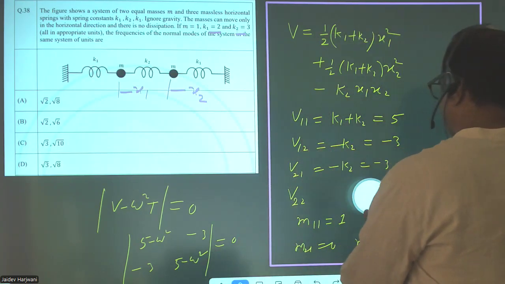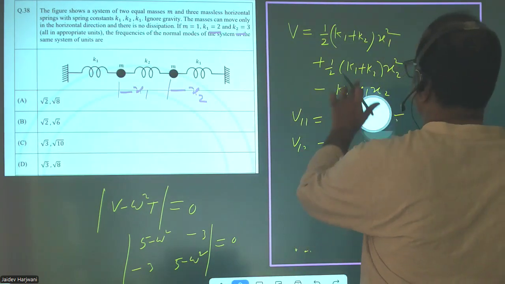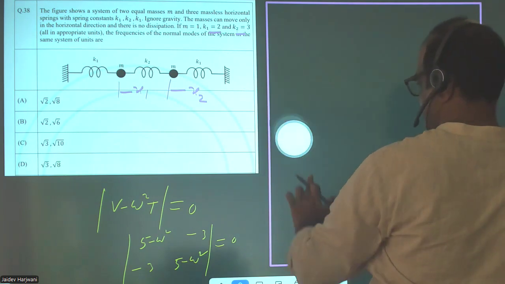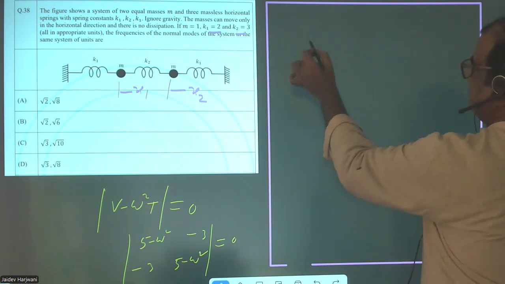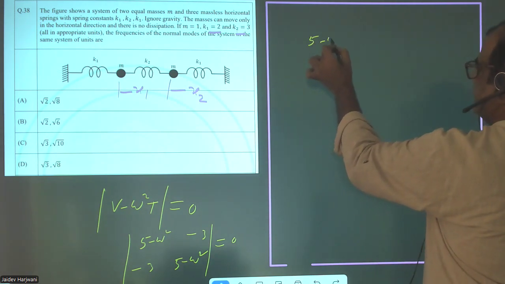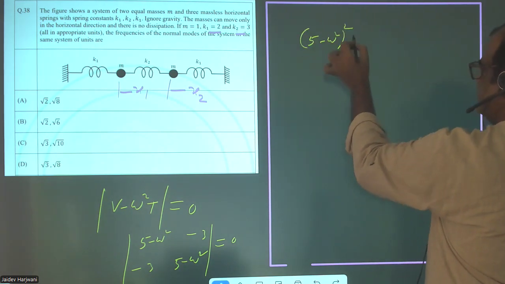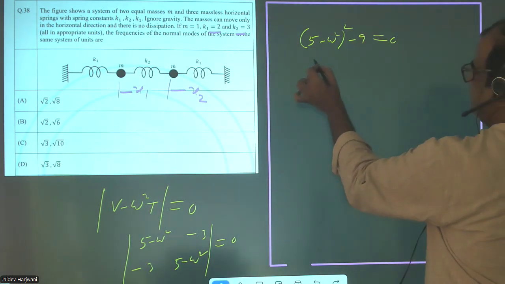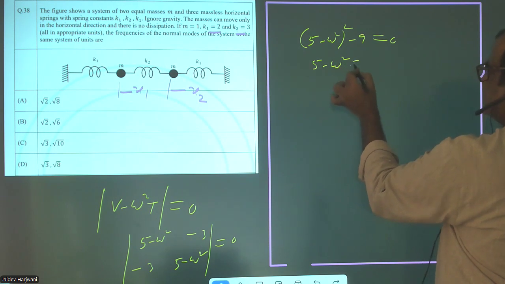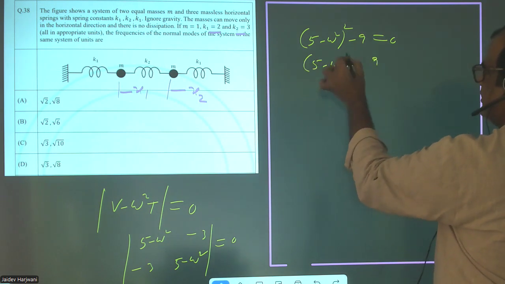Okay, now let us solve this problem finally. If I solve this one, this gives me (5 minus omega square) whole square minus 9 equals 0. And this gives me (5 minus omega square) square equals 9.